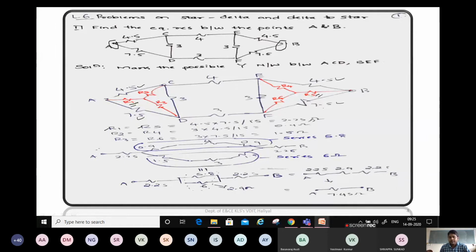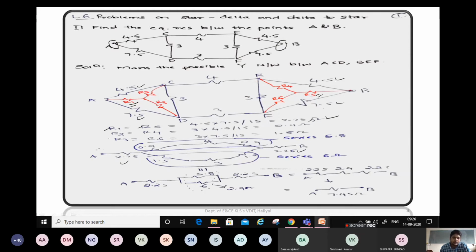Why 15? If you take the summation of 7.5, 4.5 and 3, that will be 15. So you will come across the value 2.25 ohms. This value has been placed here, 2.25 and 2.25.